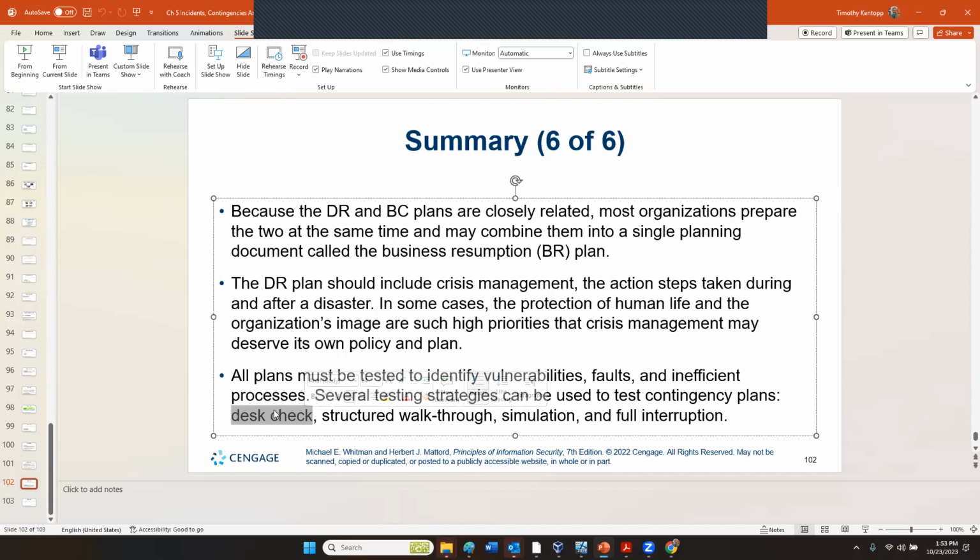So you do a desktop drill, and then you walk through it, and then you simulate it, and then you initiate conditions as close to reality as possible, so there's full interruption. You gain insights whenever you do this, and you start to realize what you need in order to continue operating. And it's not rocket science. It bites you in the nose.